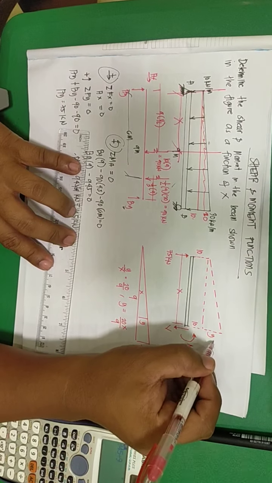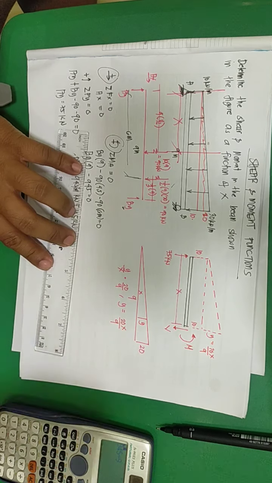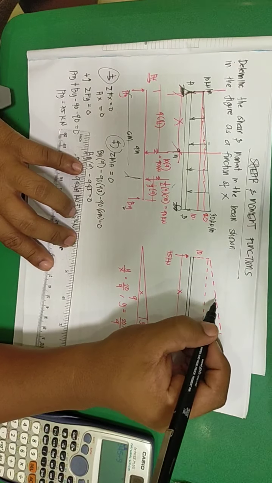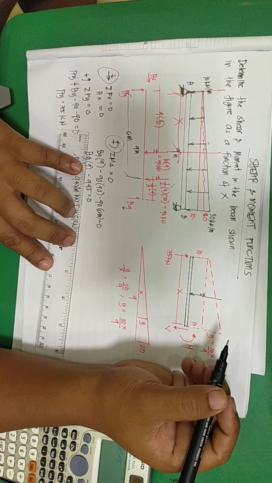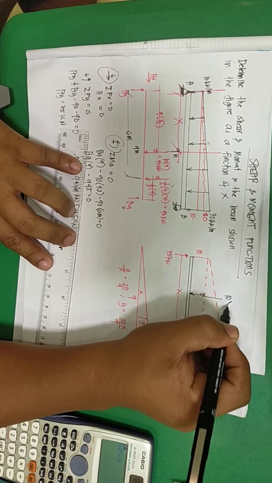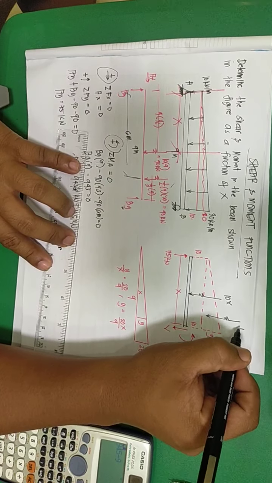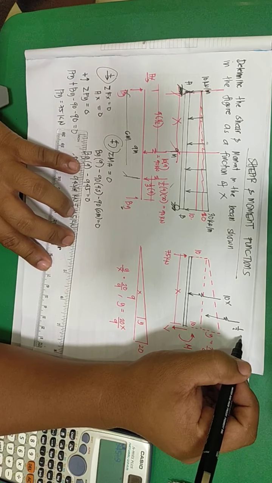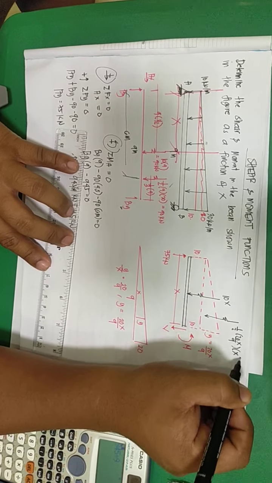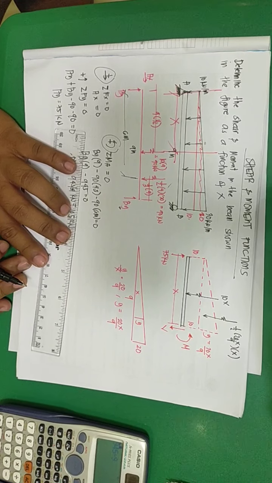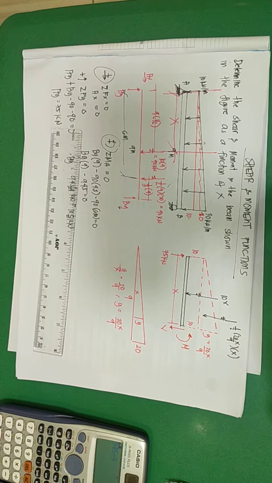To get the equivalent loads, the rectangular part becomes 10x, and the triangular part becomes 1/2 of 20x over 9 times x.